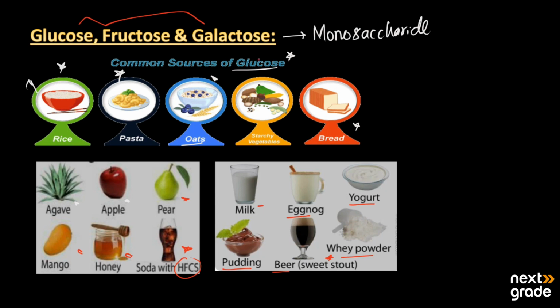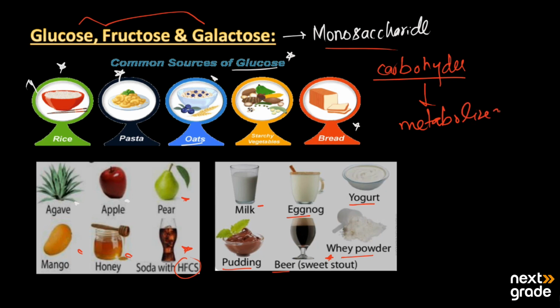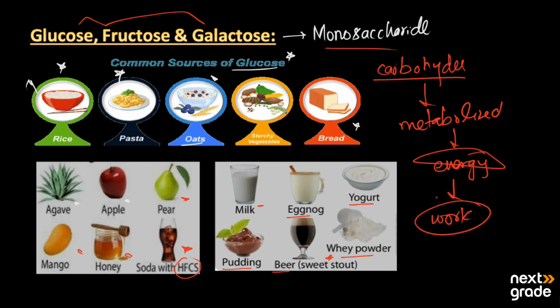As their main source of energy, they provide us the main type of carbohydrate. When we gain these carbohydrates from these products, they are metabolized, and after metabolism they provide energy to our body, and we then use this energy for different purposes and workouts in our daily life.